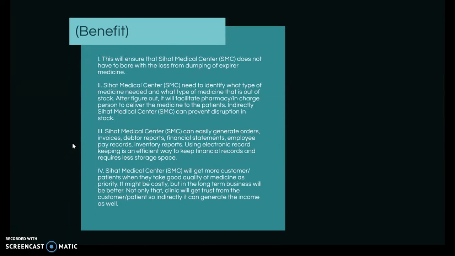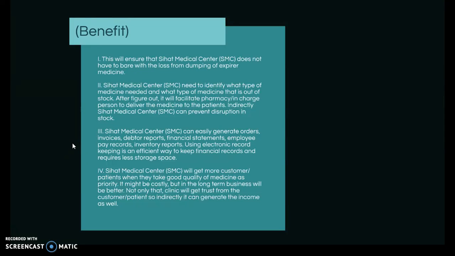This is benefit. The first one is to ensure that Sihat Medical Center doesn't have to bear the loss from dumping of expired medicine. Second, Sihat Medical Center needs to identify what type of medicine is needed and what type of medicine is out of stock. After figuring it out, it will help the pharmacy or person in charge to deliver the medicine to the patient.